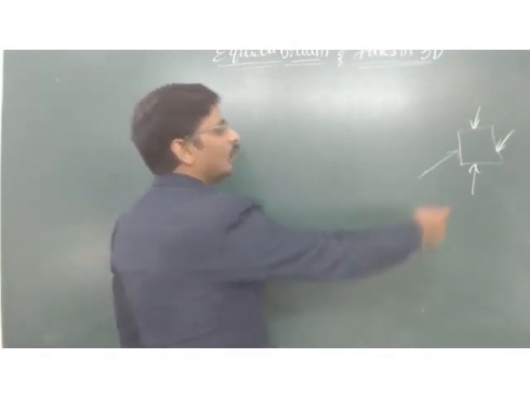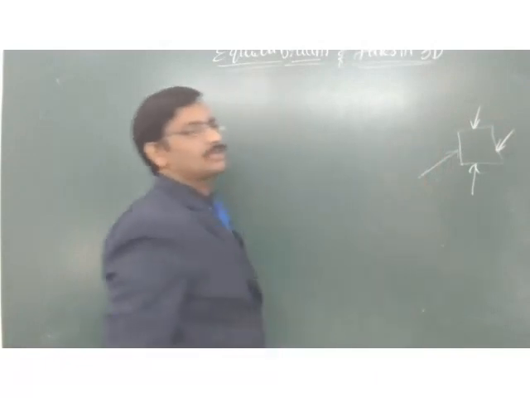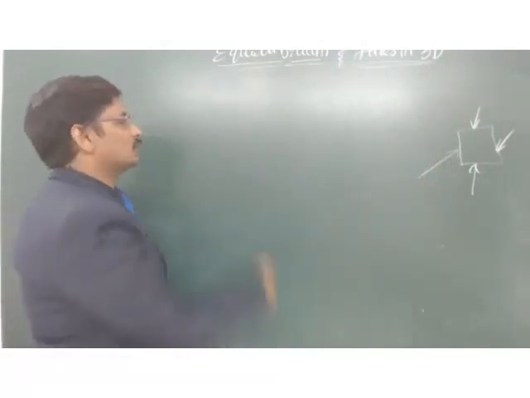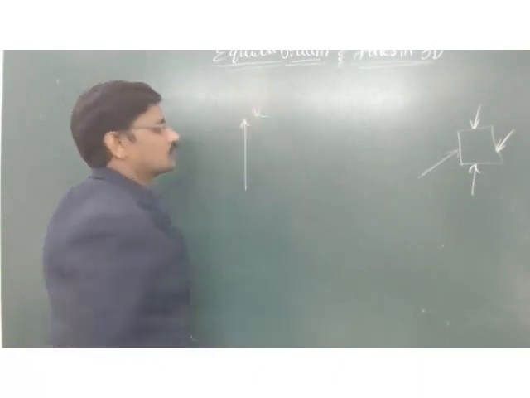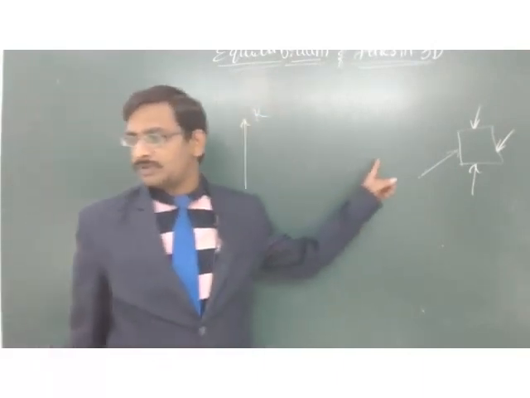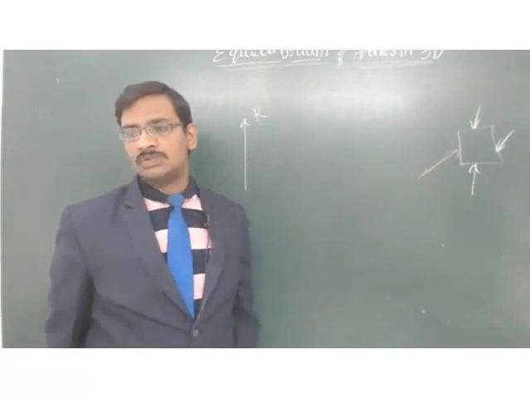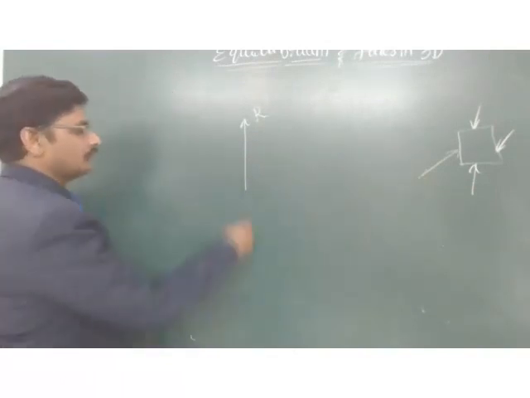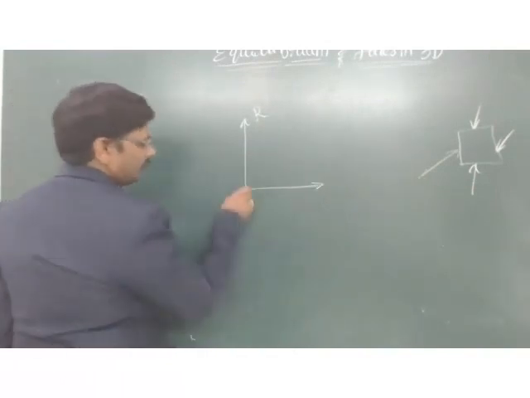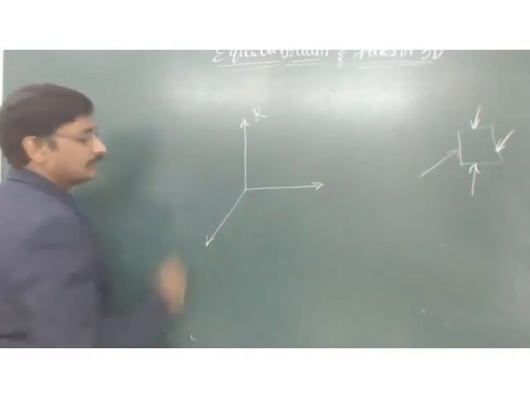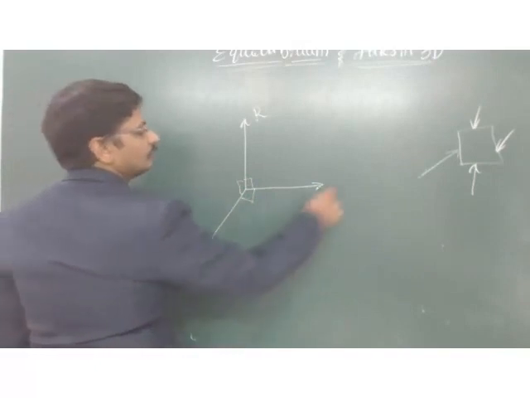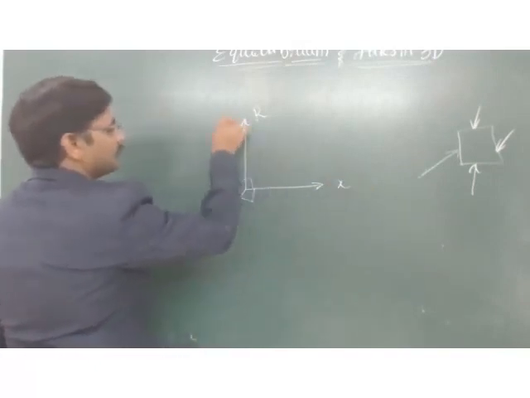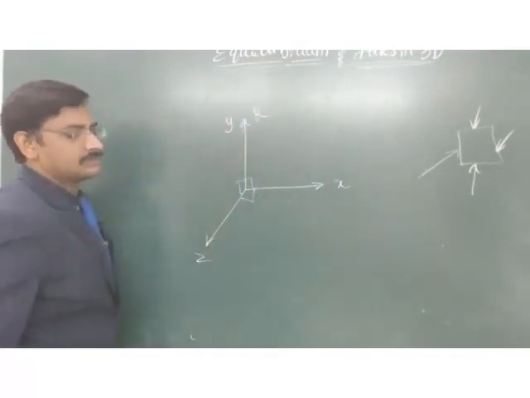See this. All the forces together can be represented by a single resultant force. Let us say this is the single resultant force acting on the body, the equivalent of all the forces together. Now draw perpendicular lines like this. These are the coordinate axes for us: this is the x-axis, this is the y-axis, and this is the z-axis.